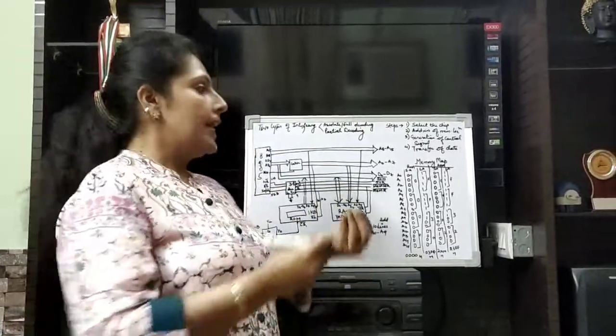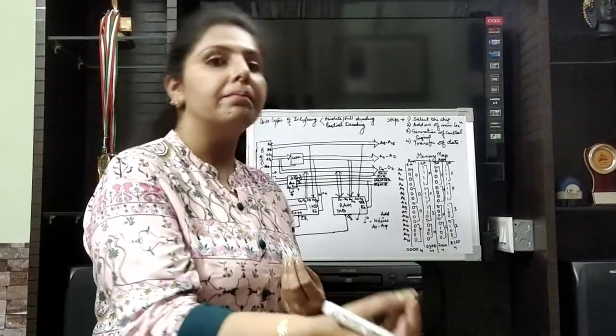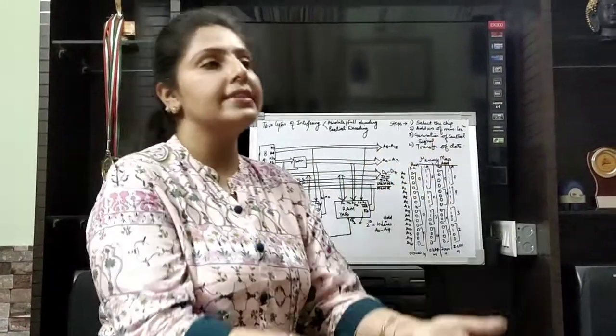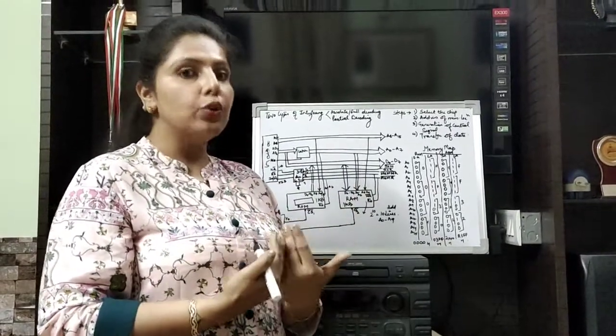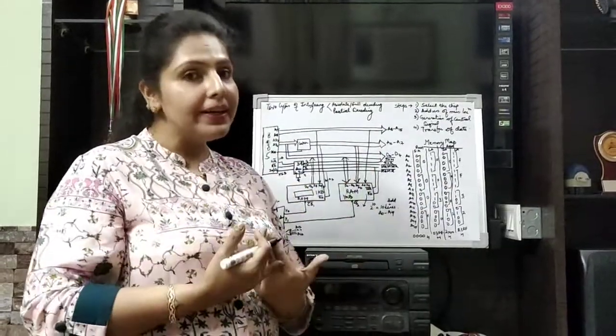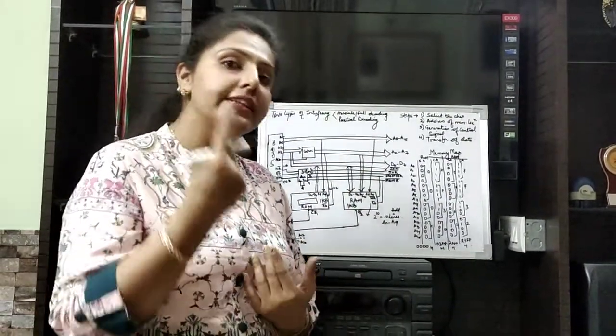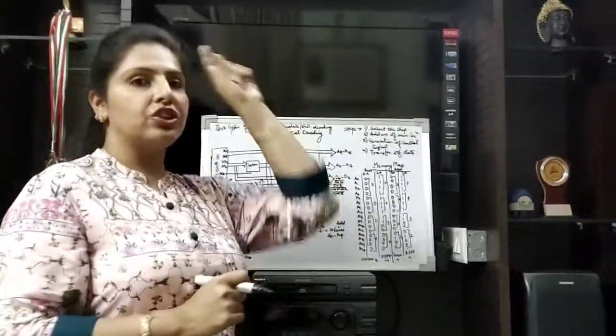We want data to be transmitted from the microprocessor to memory, or we want some instruction to be fetched from memory. There is a two-way process with the memory. All this can be done, but with one foremost condition, that is the selection of the chip.